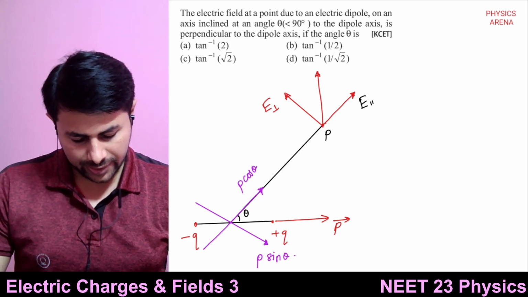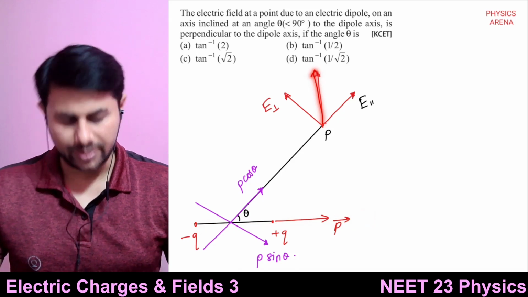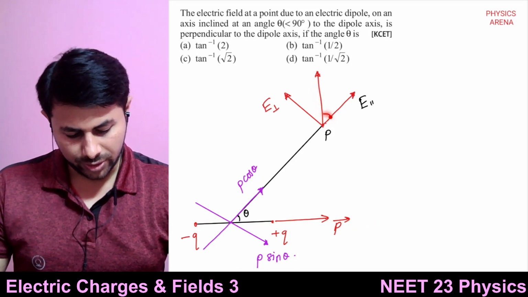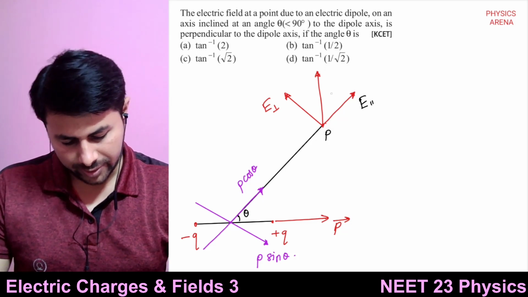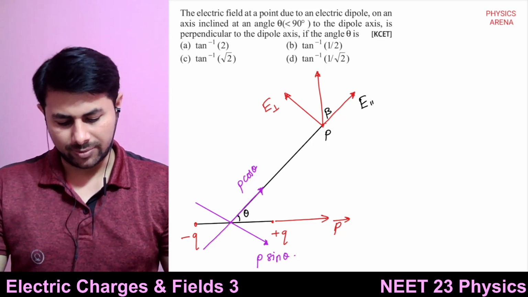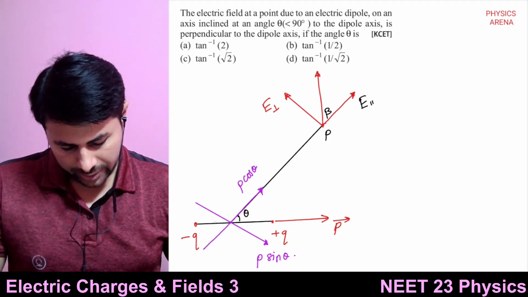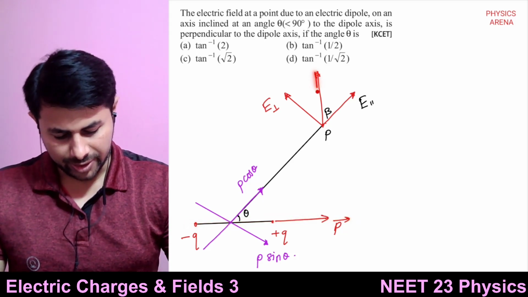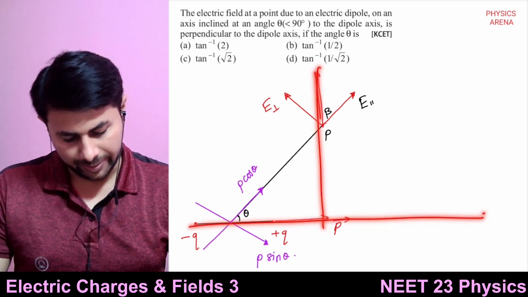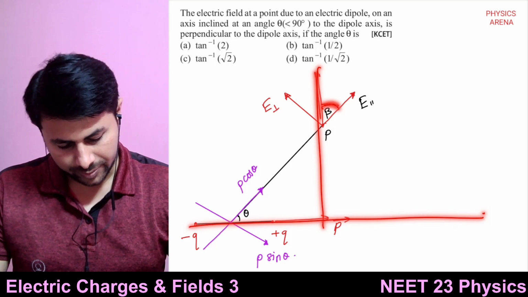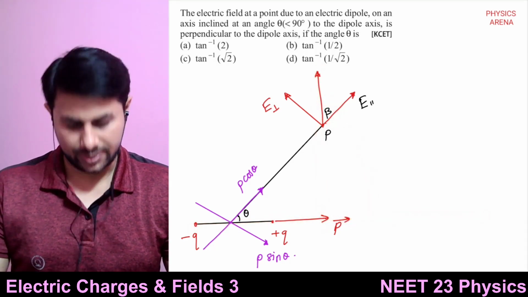So the question is, the angle between this dipole and the net electric field is 90 degrees. Suppose this angle is theta, and suppose this is beta. If this is perpendicular to this, that means this angle plus this angle is how much? 90 degrees.